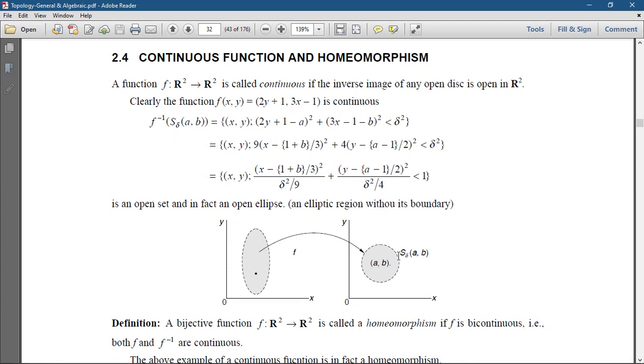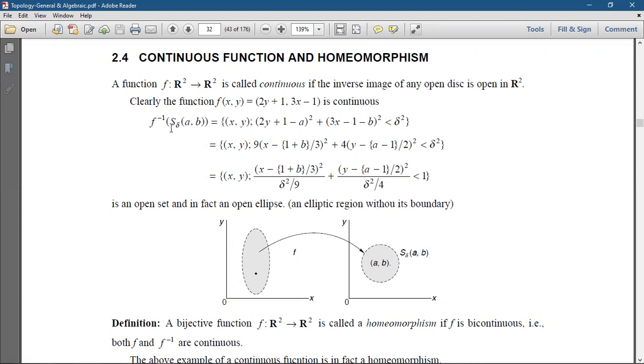That means the inverse image of the disk with center (a, b) and radius delta, because of the arbitrariness of delta. For example, let us consider the function f of (x, y) equals (2y + 1, 3x - 1), which is continuous. How can we say?